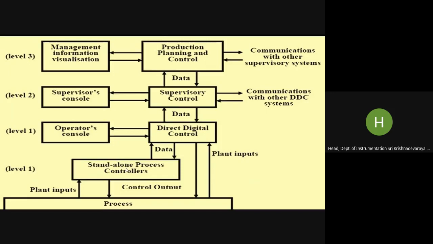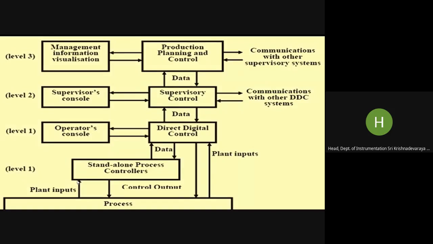But the major limitation of direct control, as you would have experienced in PC based instrumentation, is that it is not always possible to connect so many plant inputs to a given computer module, because the input port cannot accommodate so many plant inputs.